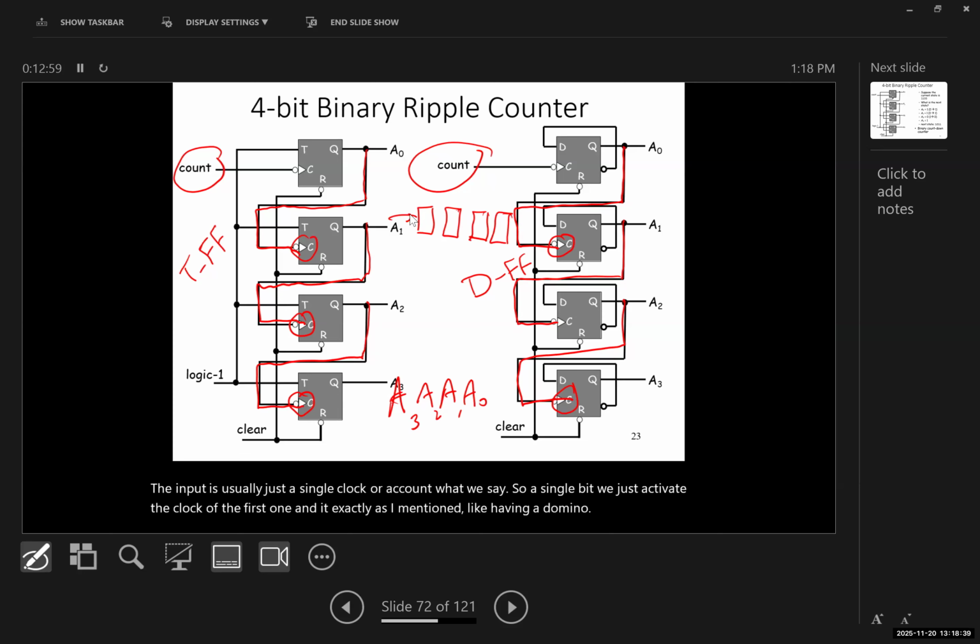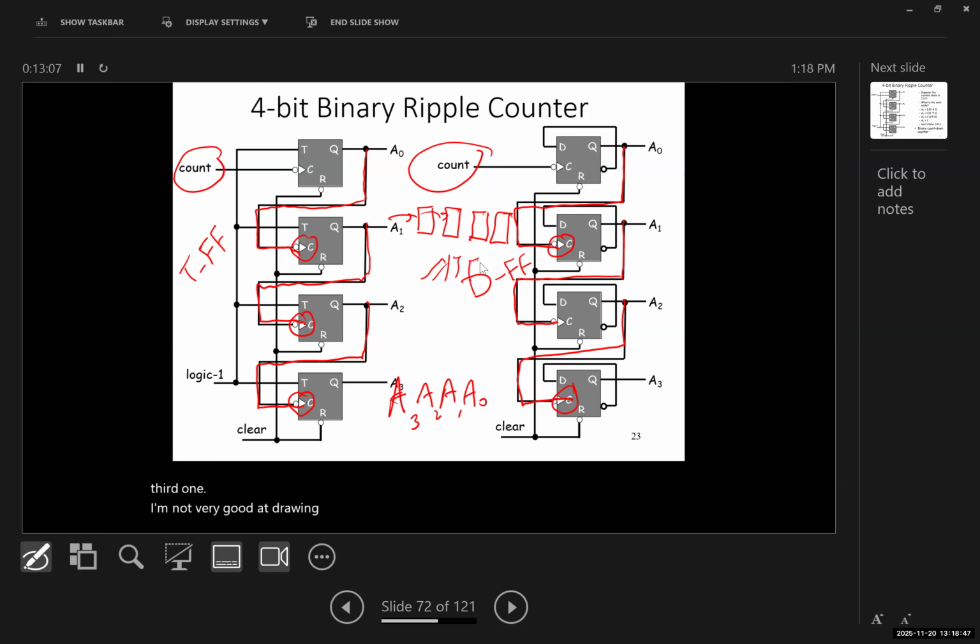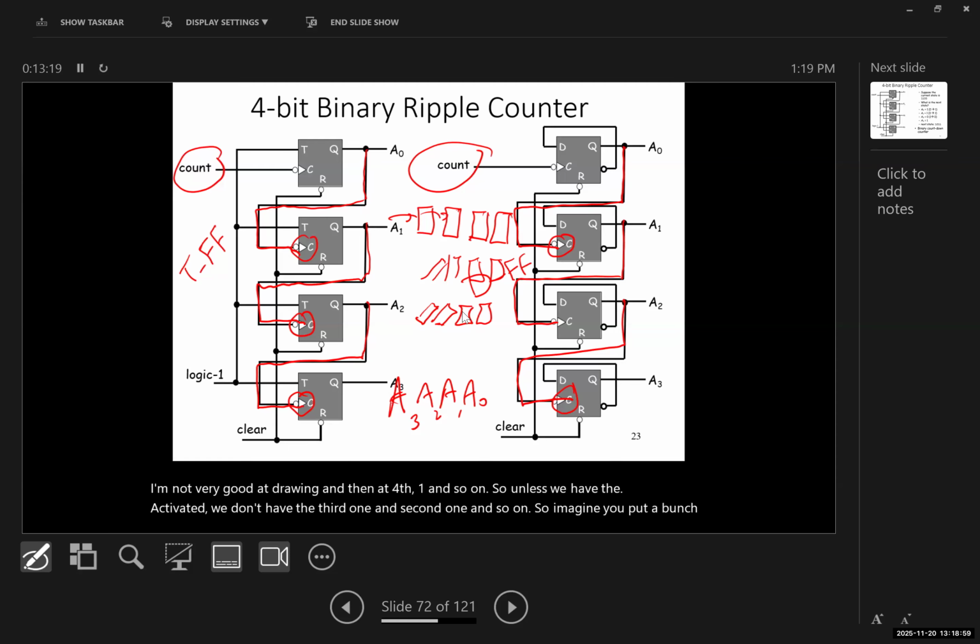If I push the first one, what happens? It topples the second one and the third one, and then a fourth one, and so on. So unless we have the first one activated, we don't have the third one and second one, and so on. So imagine you put a bunch of dominoes, and the first push that we give it is actually our first count or the first clock.